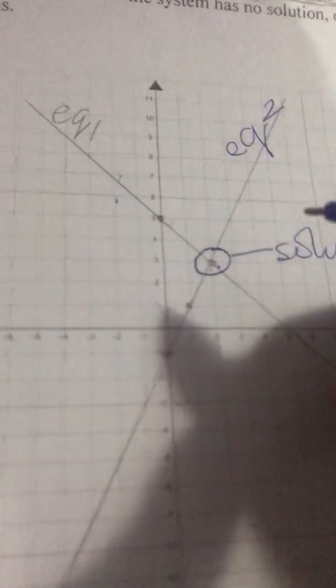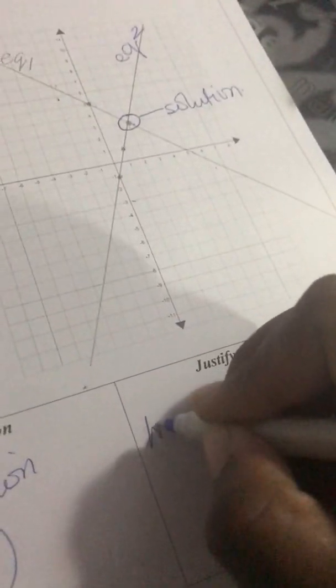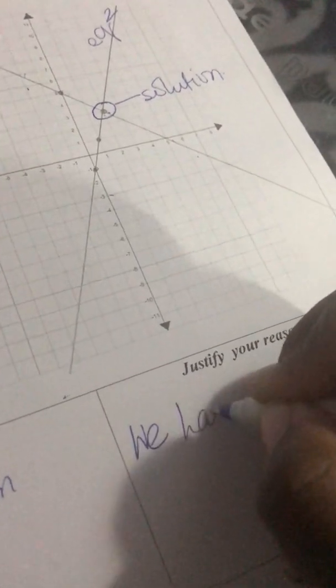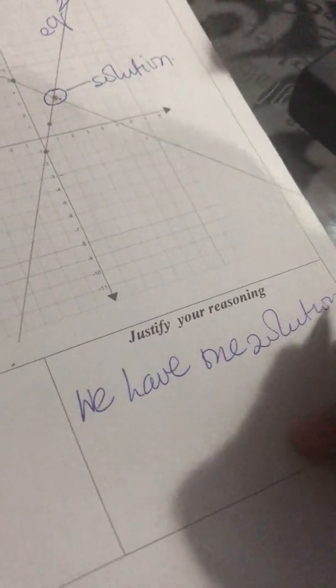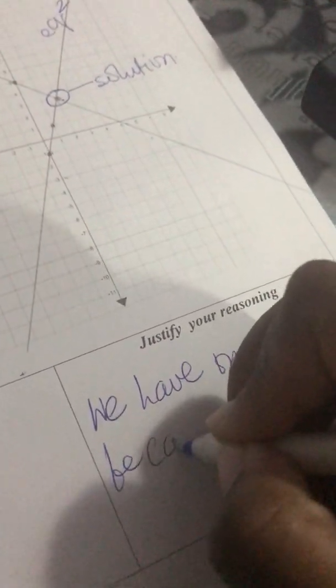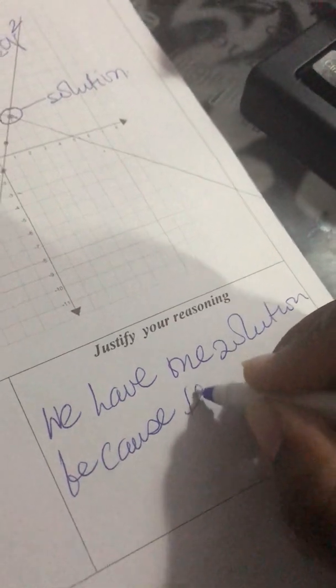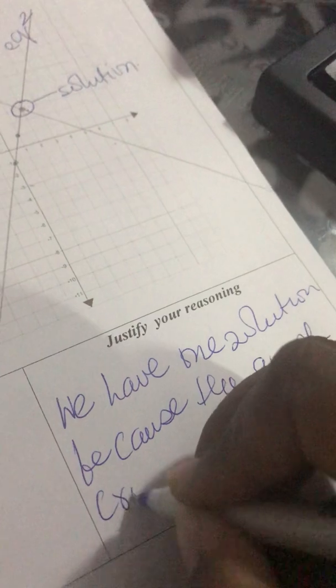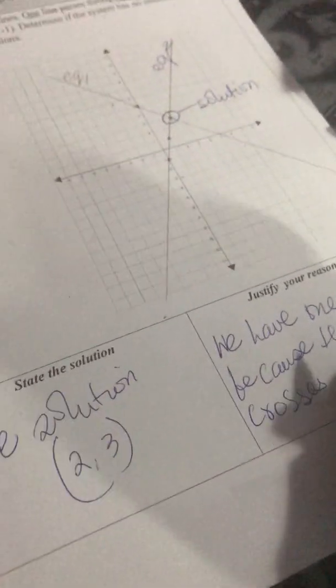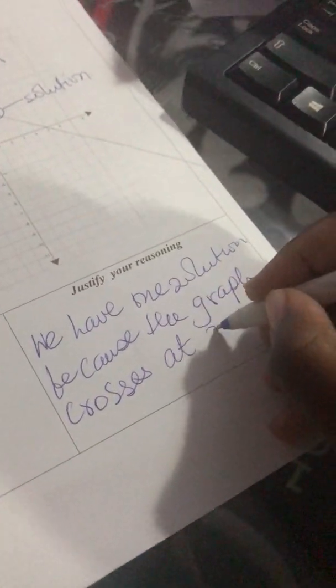So since this is easy because it's on the line, 2, 3. Then justify your reasoning. We have one solution because the graph crosses at 2, 3.